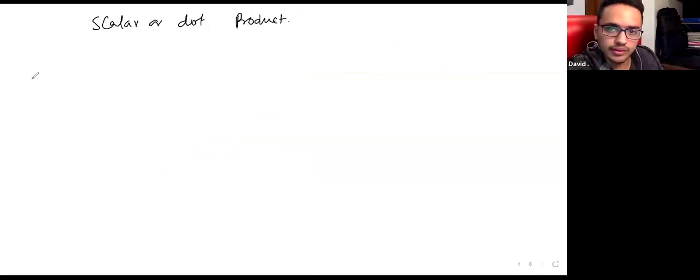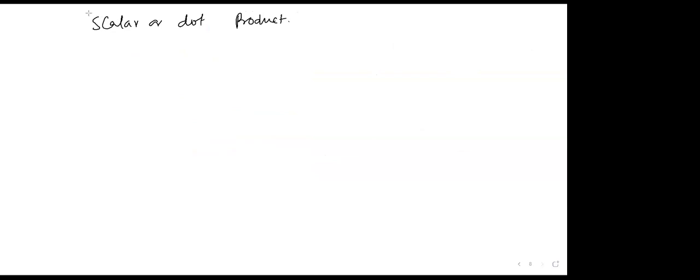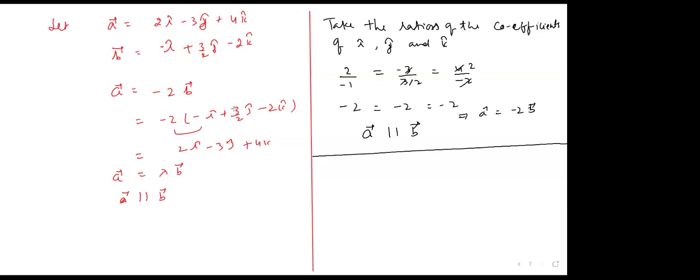The name suggests the product of two vectors will be a scalar quantity. Scalar or dot product.